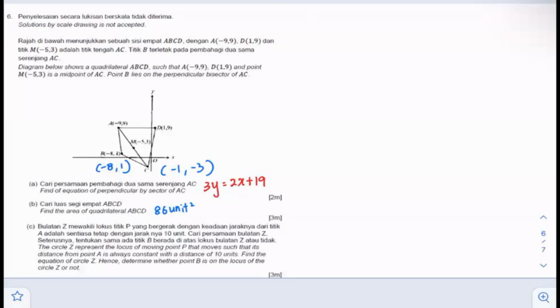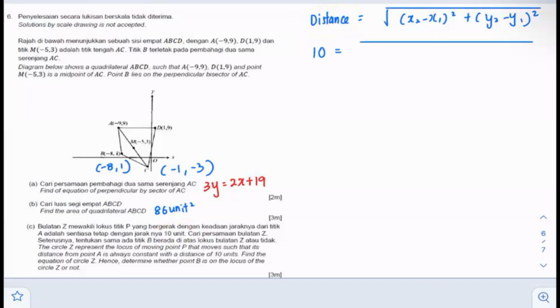So remember the first formula on the first slide, where we have distance equal to square root of x2 minus x1 square plus y2 minus y1 square. So this distance here represents the 10 units. So we have 10 equal to square root of x minus, so the x1 and y1 here will be your A. So let's say I delete here, and you have a circle.